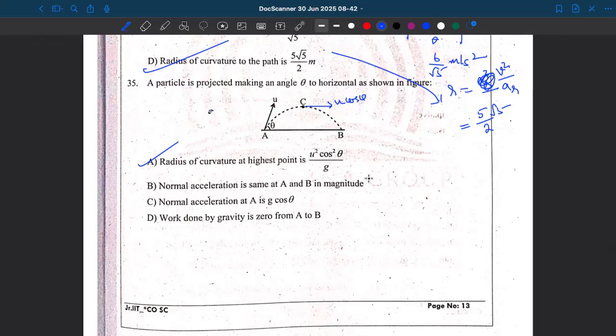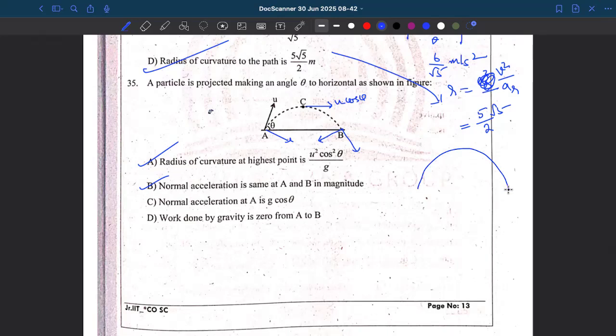I'm still surprised. What is normal reaction? Maybe normal acceleration. What is a normal acceleration? It means the component perpendicular to the velocity. Because that is a symmetric arrangement, right? Normal acceleration at A, very simple.